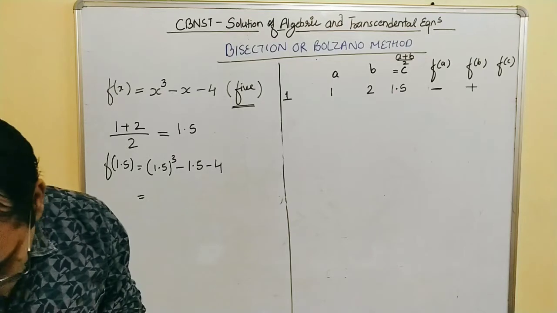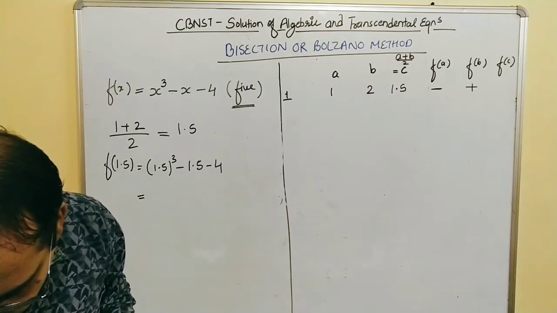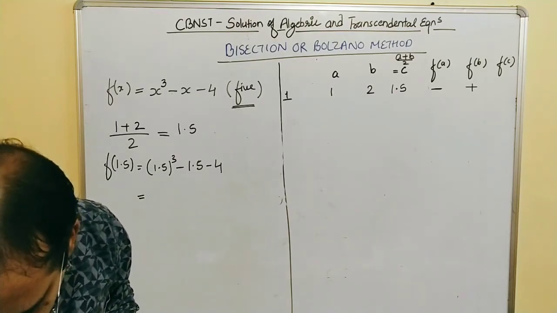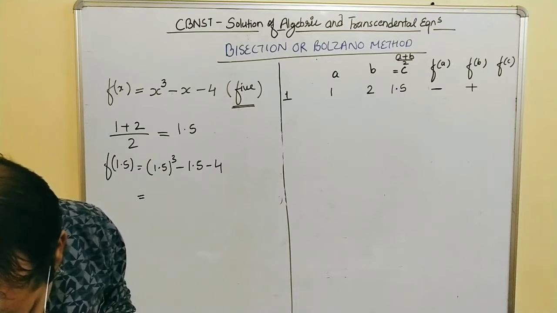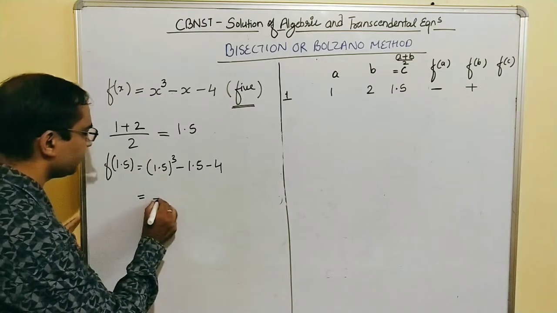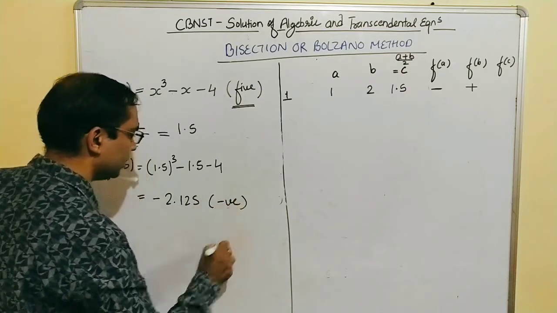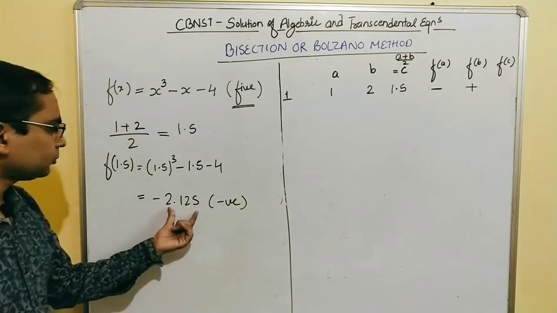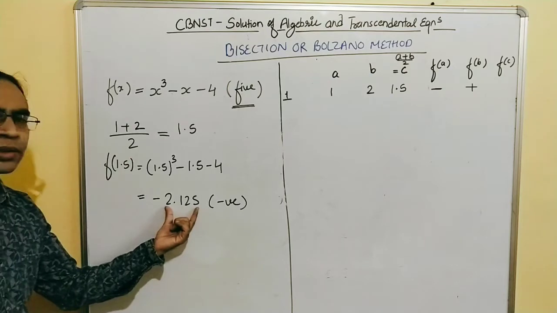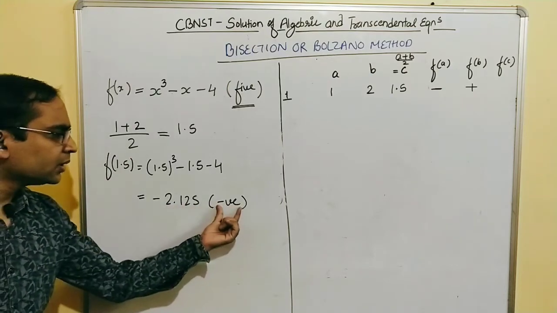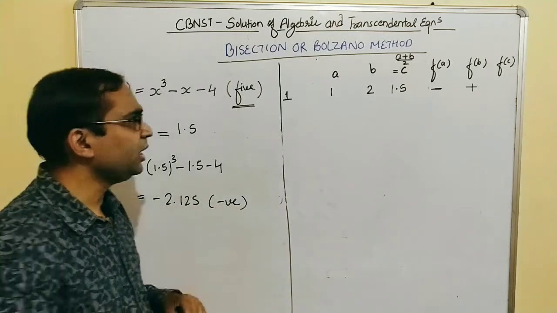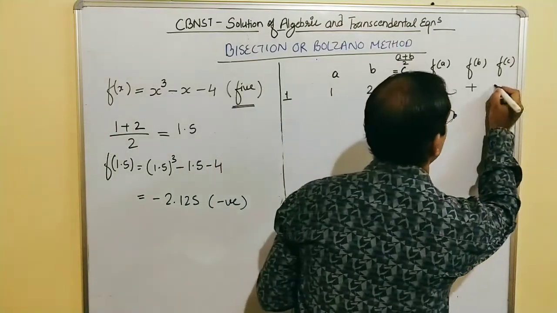So f at 1.5 is minus 2.125, which is a negative value. We are not actually worried about the value, but we have to consider this sign. So this is negative, so I'll write f at c is negative.